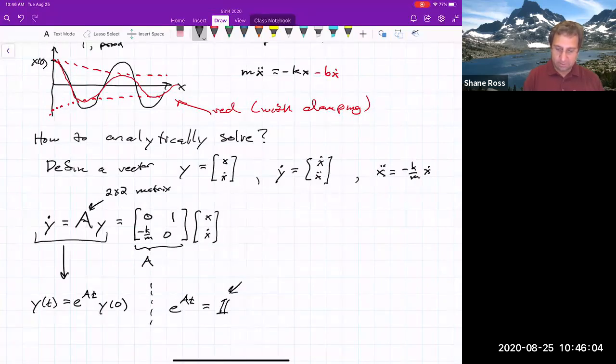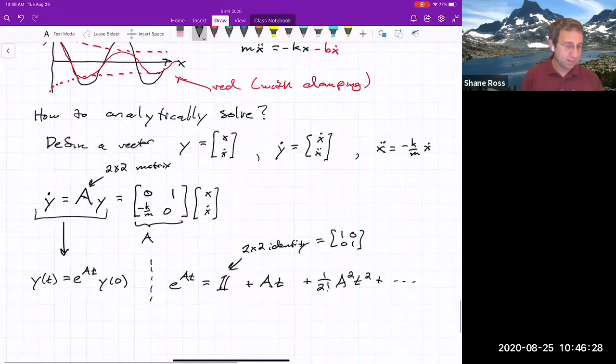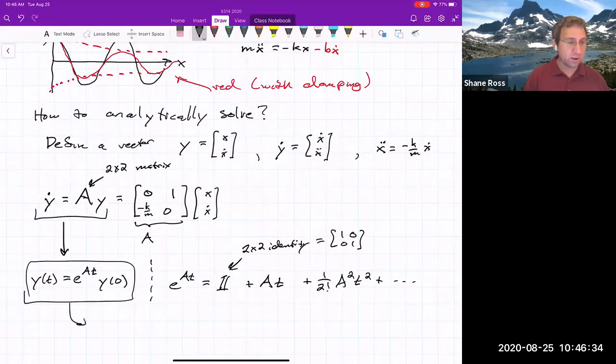This would be the 2x2 identity matrix, and then A times t, plus 1 over 2 factorial, A squared t squared, plus, and then the rest of this Taylor series expansion looks just like you would for any normal exponential. So that's the solution. We don't have time to look at the rest of it now, but it gives sinusoidal motion with time.